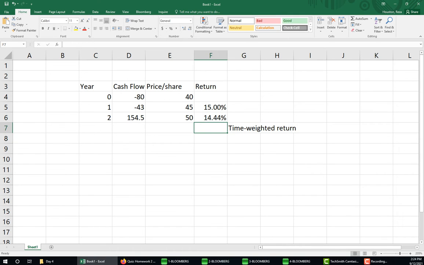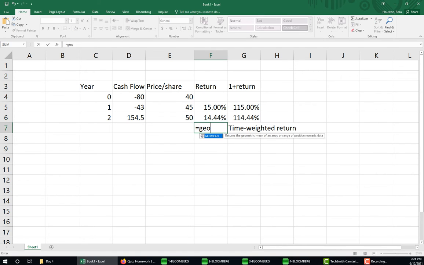Now to get our time-weighted return, what we need to do is use the geometric return formula. For that, I'm just going to add 1 to each of these returns, and then I'm going to use the geomean function.